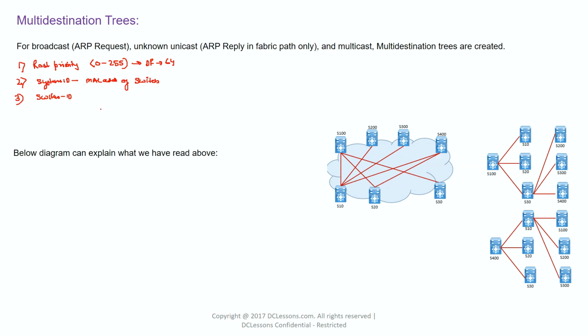So in this domain, one switch will become the root for multi-destination tree 1 by using these values.